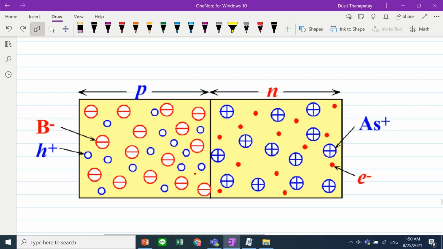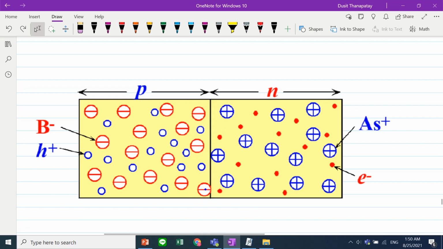Similarly, holes from this side have a higher concentration than this side. That means holes will diffuse from P to N. After holes diffuse, what happened? This area will have negative charge, right, from the negative ions.